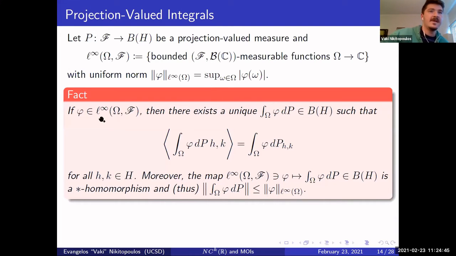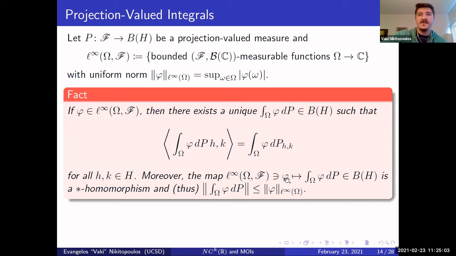So the fact is that if you have a bounded measurable function phi, then there is a unique operator on H such that when you apply that operator to h and then take the inner product with k, that's the same as integrating the scalar function phi with respect to the complex measure from the last slide.